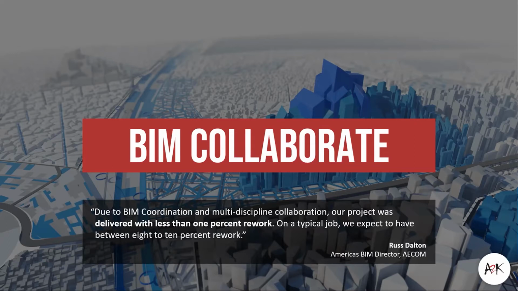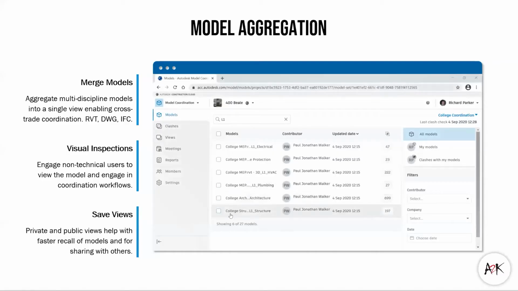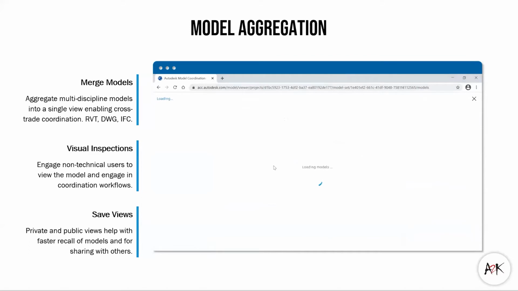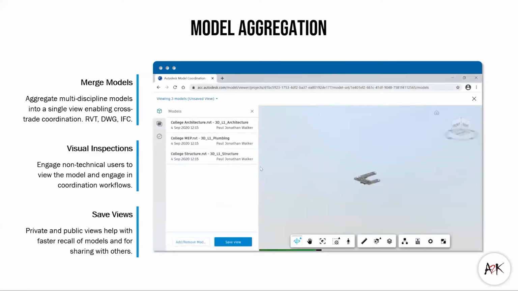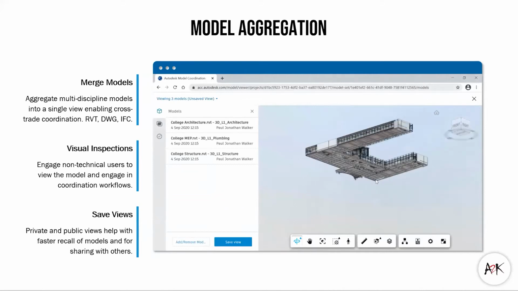For those coming from a BIM 360 background, this is a huge improvement. These users can now visualize aggregated models from architects, MEP, and structural firms in one coordinated space.